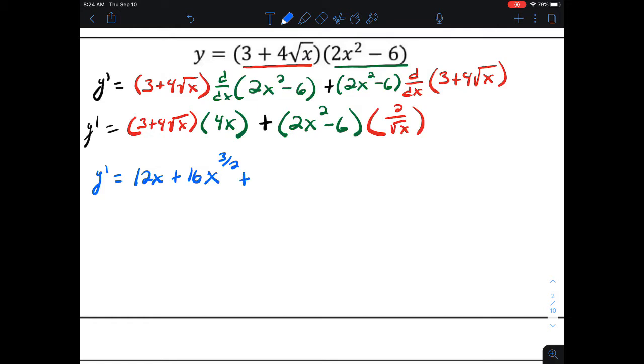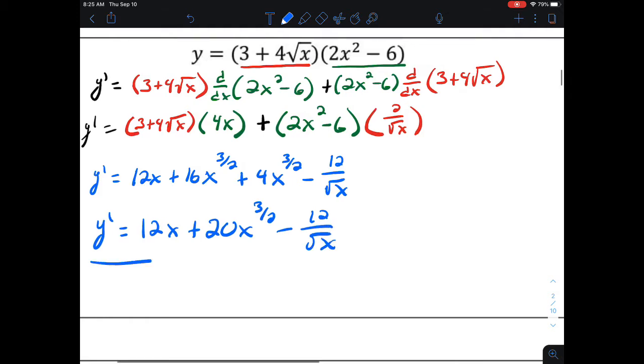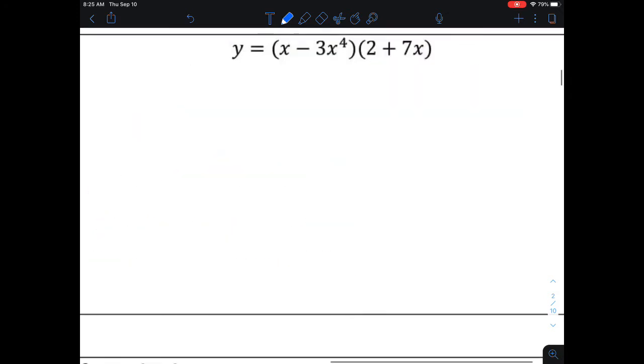And then I got plus 4 times x squared divided by the square root of x, 2 minus 1/2 is 3/2, so 3 over 2. And then minus 12 over the square root of x. Combine like terms. We'd have 12x plus 20x to the 3/2 minus 12 over square root of x. There's my derivative.